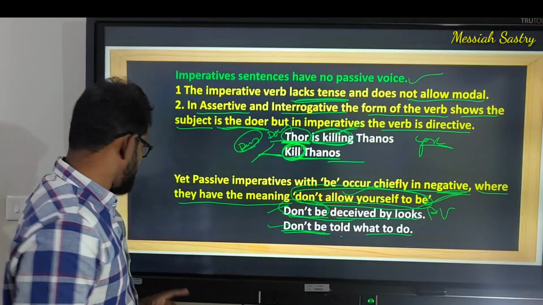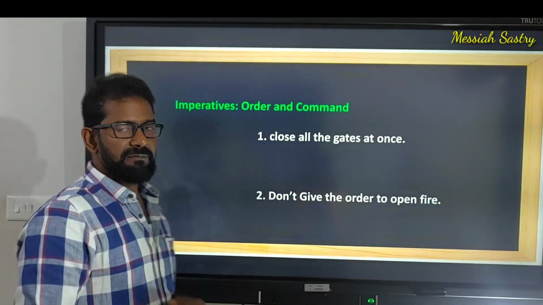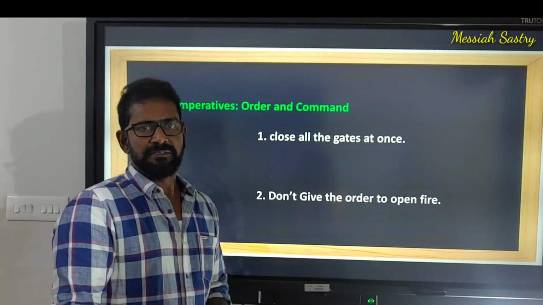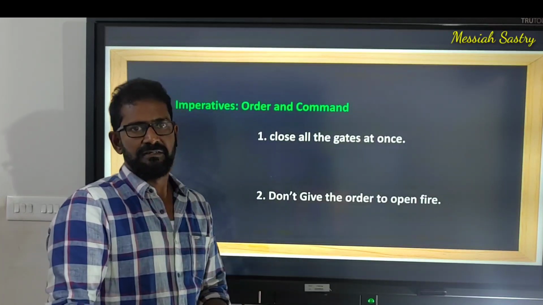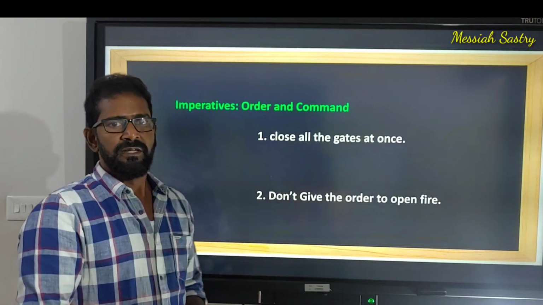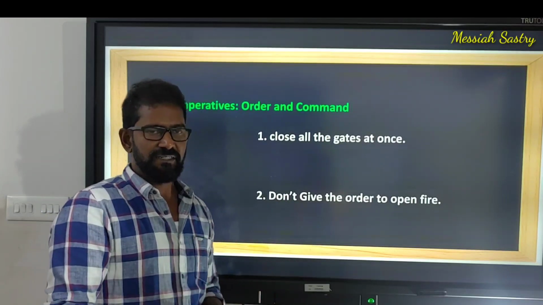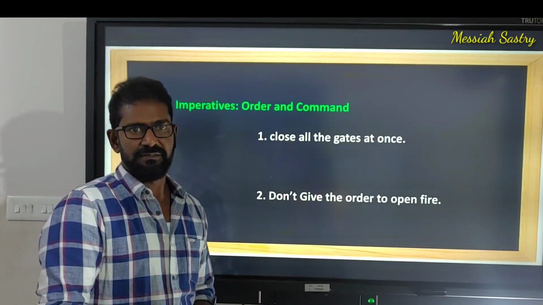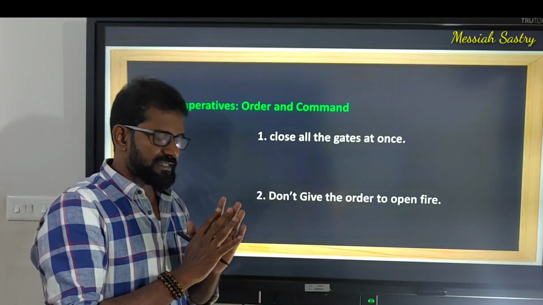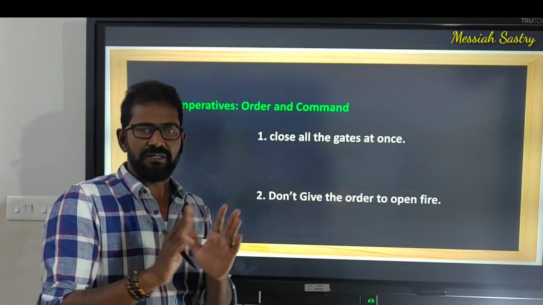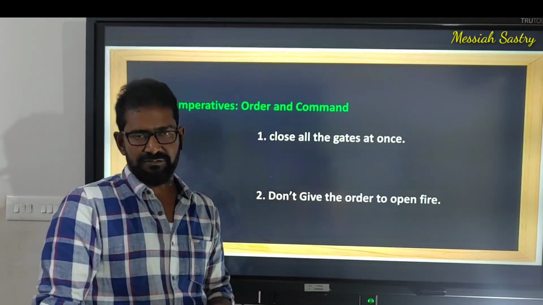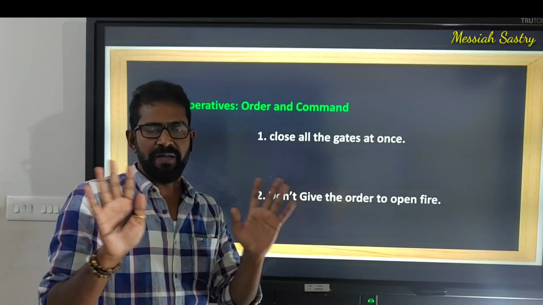But somehow, some Indian grammarians used to write a passive form for imperative sentences. Of course, they entirely differ, and they are not passive forms for the imperatives. Imperatives have no passive form.